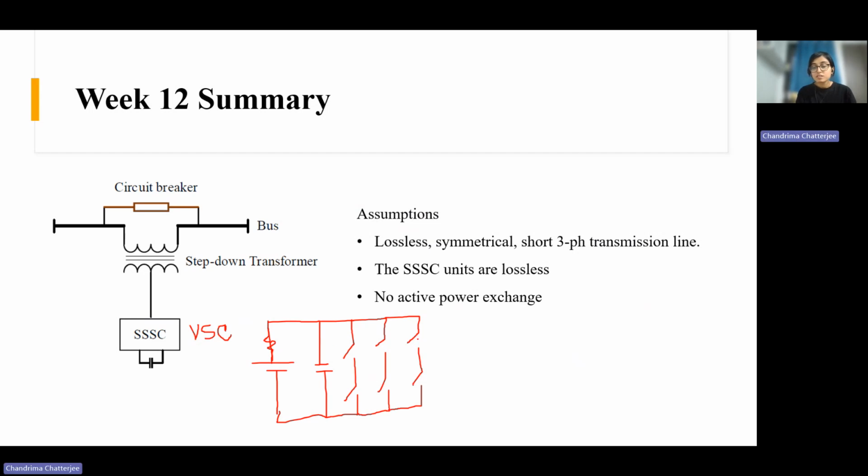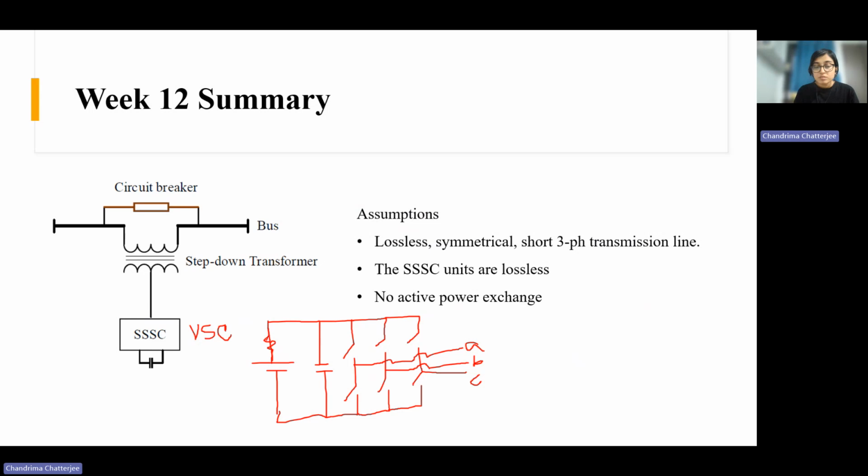These are basically semiconductor devices. You will have to choose proper semiconductor devices. You can use IGBT or MOSFET, or thyristor. Then the output will come out like this, so here you will get the three-phase output A, B, C, right?